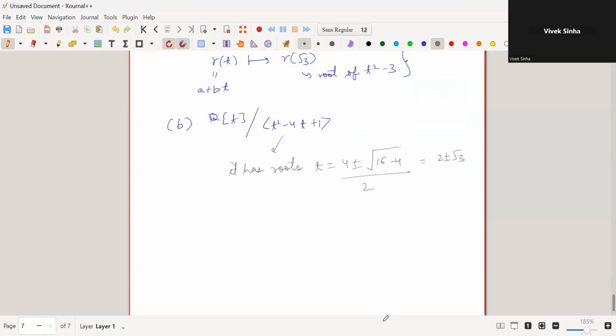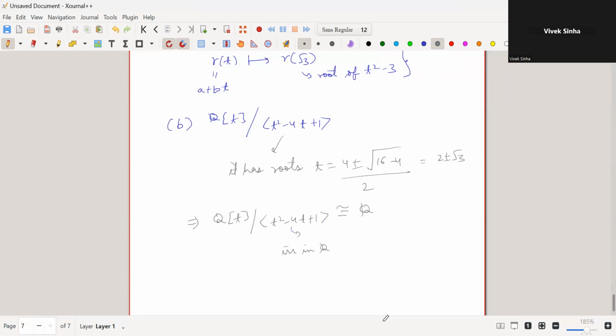So this implies that Q[t] modulo t square minus 4t plus 1 is isomorphic to the field Q(root 3). First of all, this is irreducible in Q, that's why it's a field.